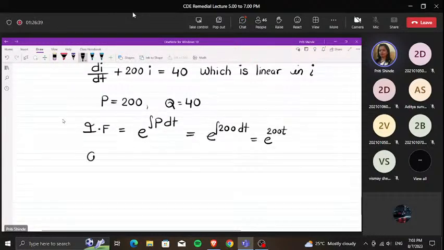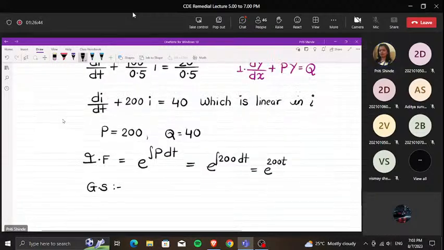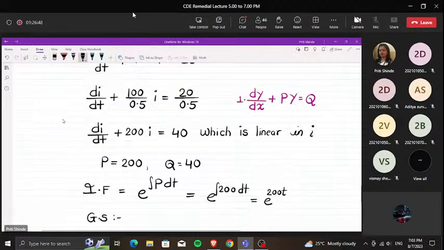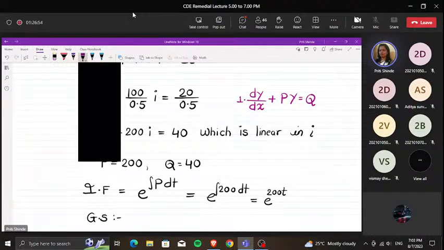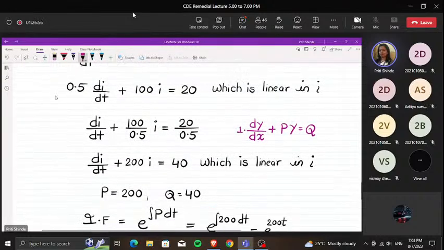Okay. So can anyone tell me the formula to write down the general solution? If it is linear in y, what is the general solution? The general solution is y into the integrating factor is equal to the integration of q into the integrating factor.